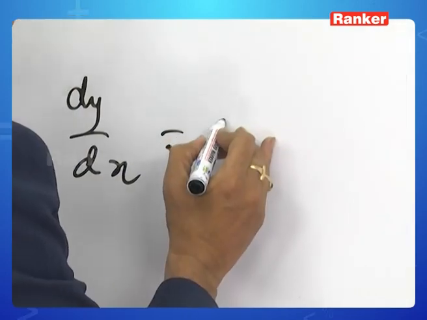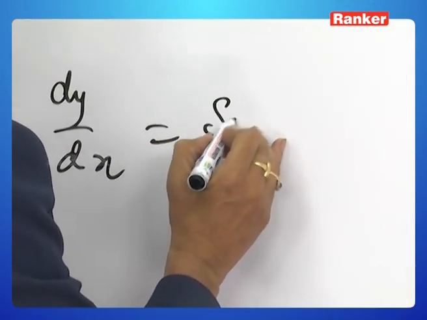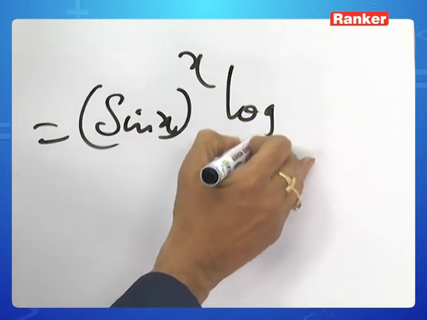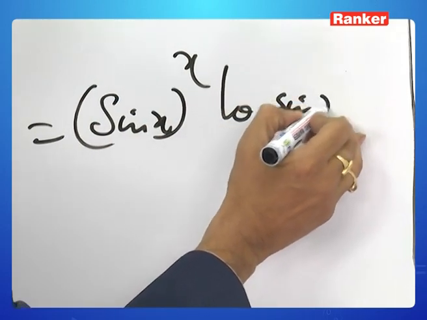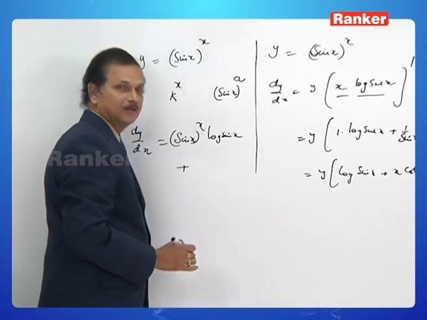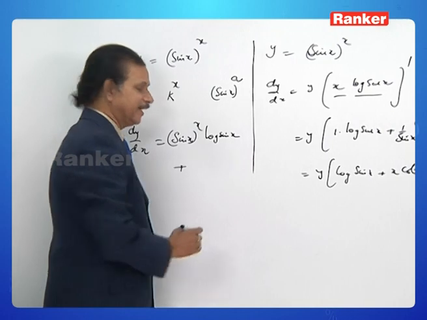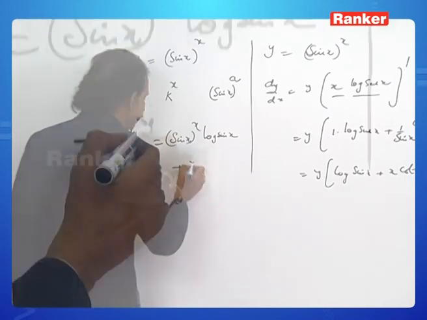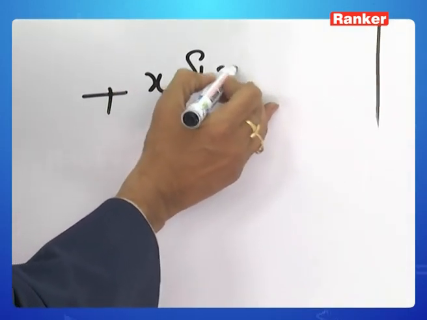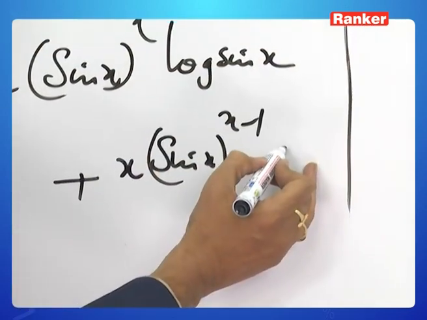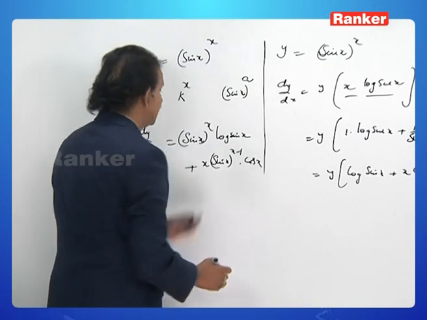That is k power x, meaning (sin x) power x into log sin x, plus for this, what is the derivative of (sin x) whole power a? It is a into, meaning x into (sin x) whole power x minus 1 into derivative of sin x, which is cos x.